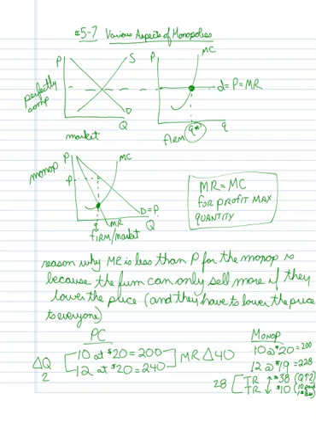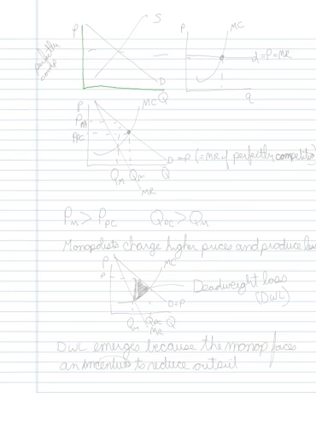Now, the consequence for all of this starts to emerge, because whereas the perfectly competitive firm looks like this, perfectly competitive, now again it starts to look like this. Here's the price of my monopolist.